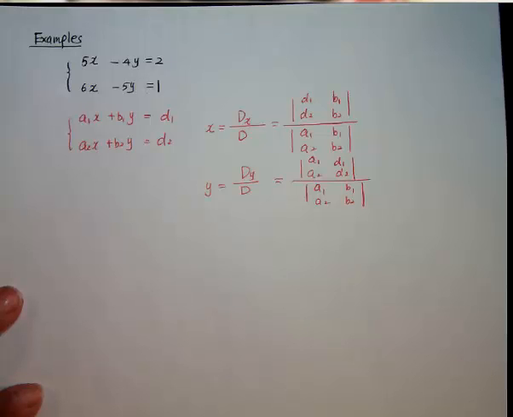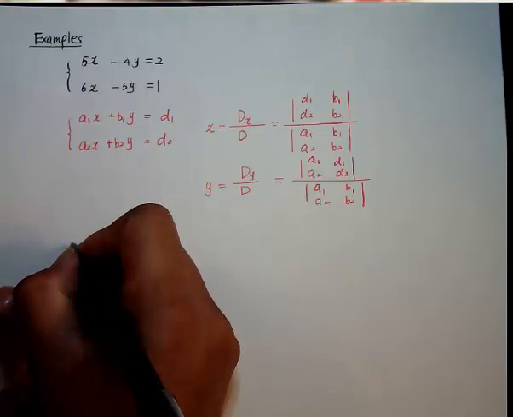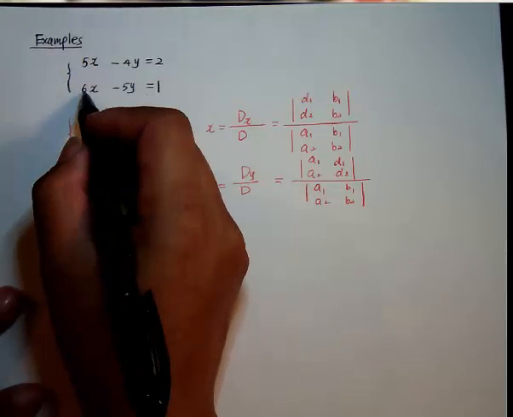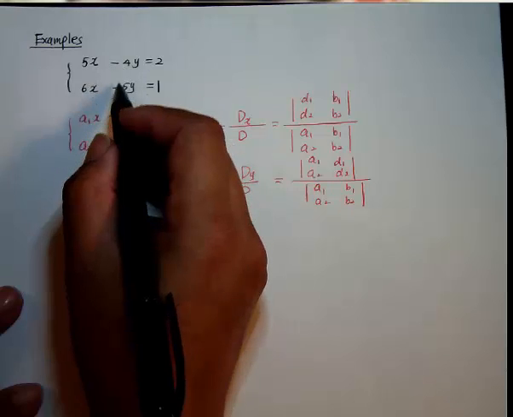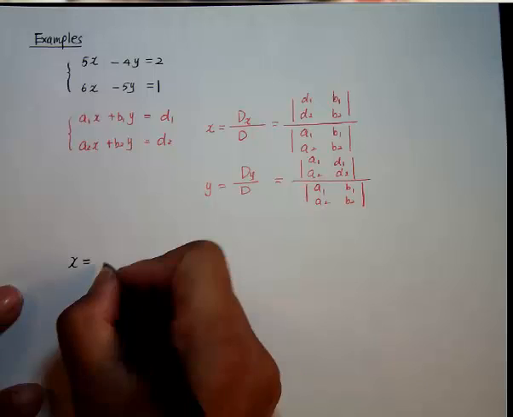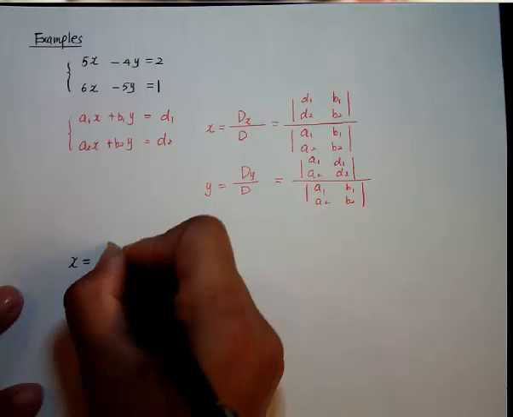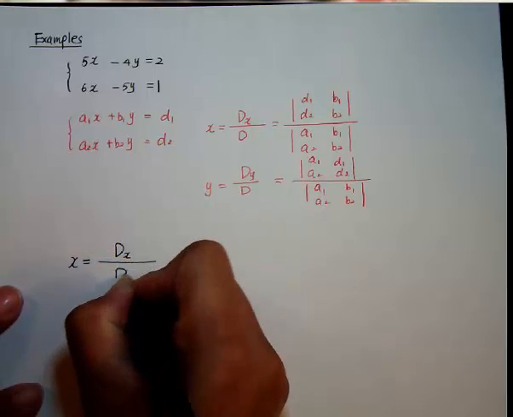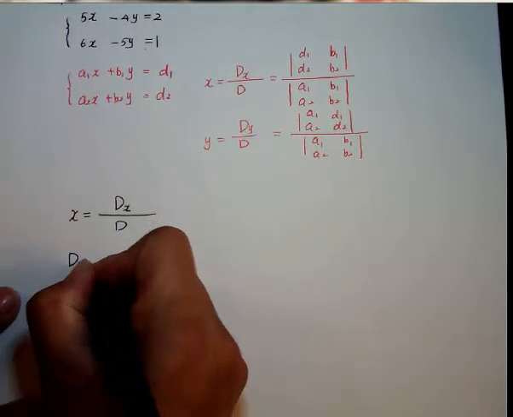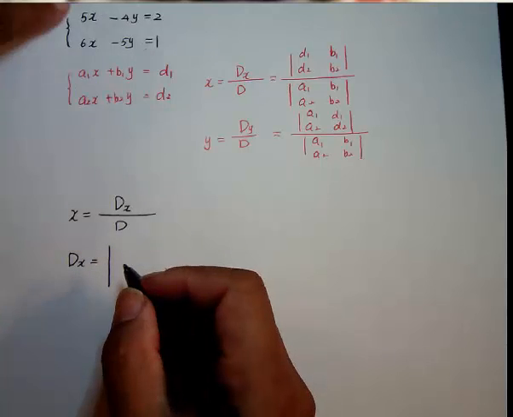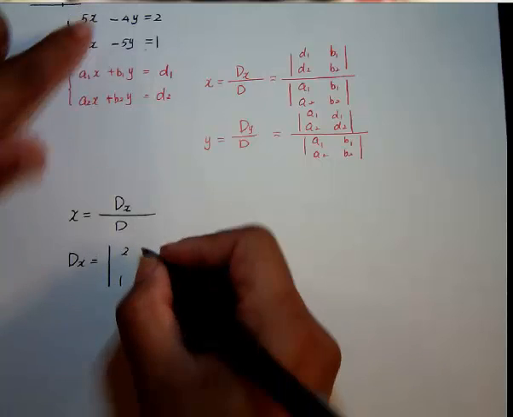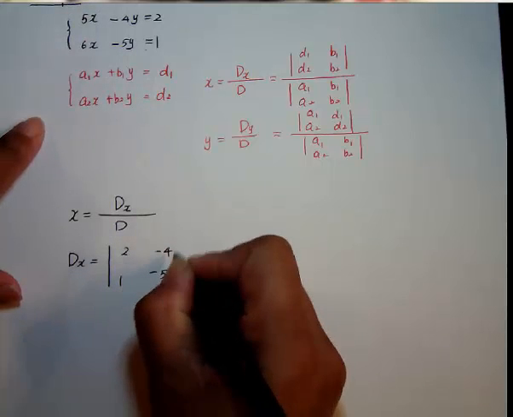Let's take a look at our problem. So a1 is 5, a2 is 6, b1 is -4, b2 is -5, etc. So x can be found by looking for Dx over D, right? So we just need to find what Dx and D are. Dx is equal to replacing the x coefficient by the constants 2 and 1: 2, 1, -4, -5.